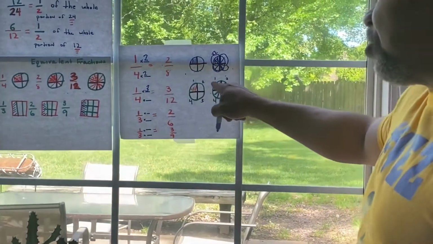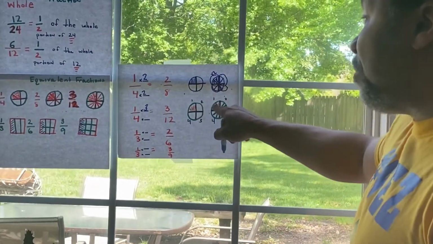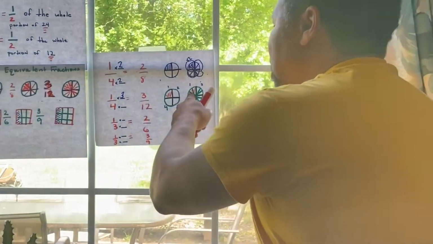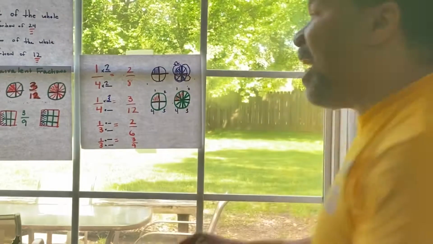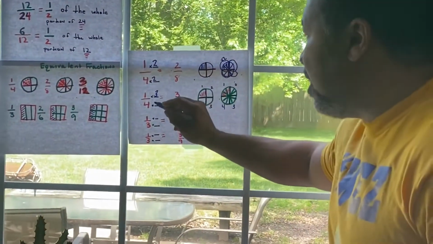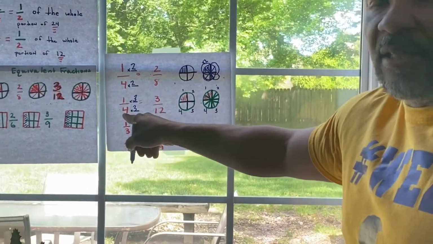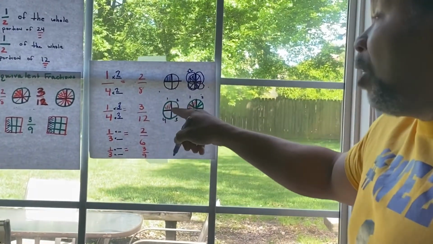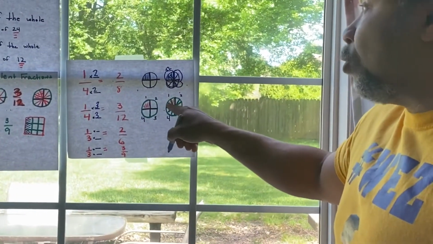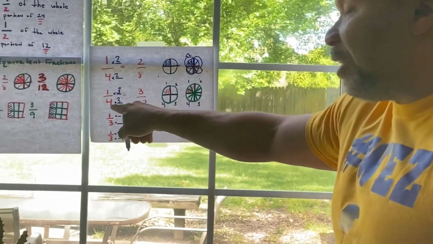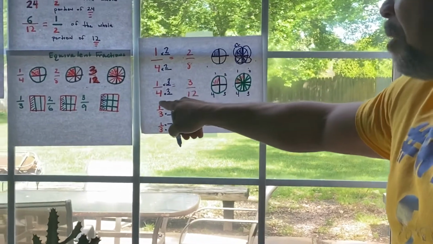Went from 1 section to 3 sections, 1 part to 3 parts. Guess what? Times it by 3. But remember, if I'm going to triple each one of these sections, I had to do the same thing here. So whatever happens to the numerator happens to the denominator. I split into 3 more parts, triple for each. So I do the same thing for the denominator.